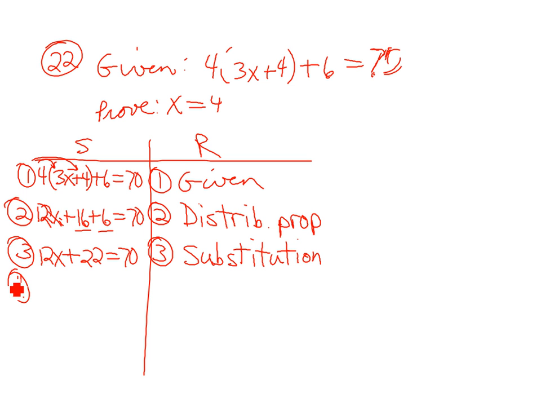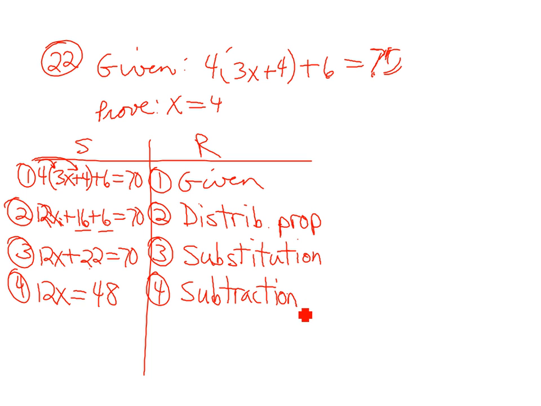Then next, end up with 12x equals 48. The way I got that is by getting rid of that 22 there, and I did that with the subtraction property of equality.